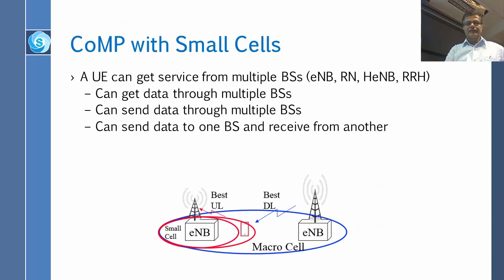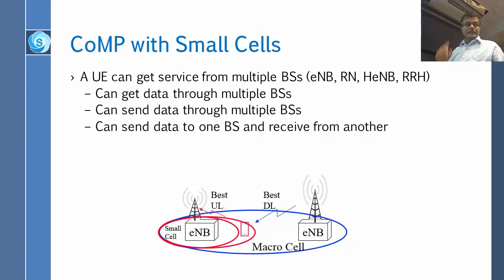So the same thing is done here, except that this is done with the small cell. A small cell is just another cell, and therefore the two can talk and then do everything that the two neighboring cells can do.